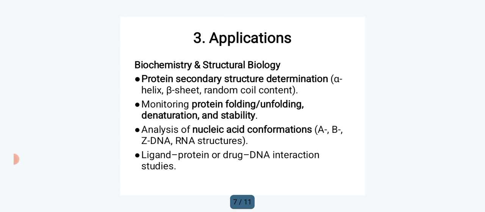After that, we move on to the estimation of proteins by the Lowry method, Bradford method, Biuret method, or anything else, to find out how much protein is there. Then after that, we go for SDS-PAGE. Before the SDS, the protein will be folded. Then if you add the SDS, the protein will be in linear form.